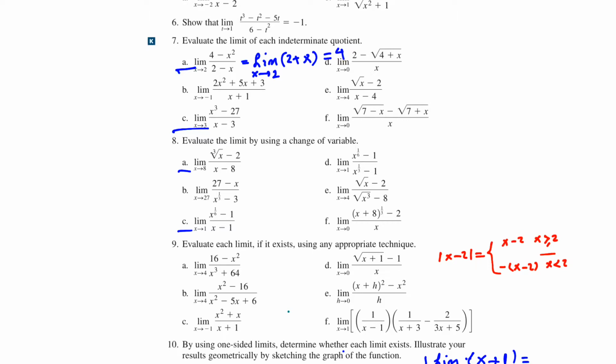Part C, limit of (x^3 minus 27) over (x minus 3) as x approaches 3 is the same as limit of x^2 plus 3x plus 9 as x approaches 3, which is 27.